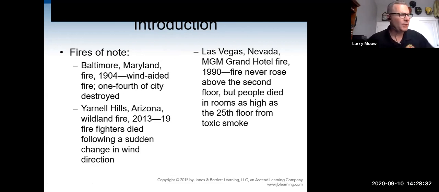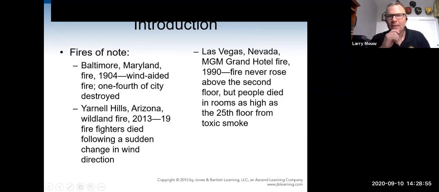So some of the things as we look at, again, these introductions have a lot of information. Fires of note: Baltimore in 1904, there was a fire that was aided by the wind. And what they found is that a quarter of the city was destroyed. More recently in 2013, there was a wildland fire involving the Yarnell Hills in Arizona.